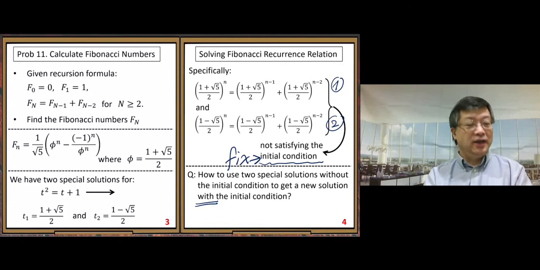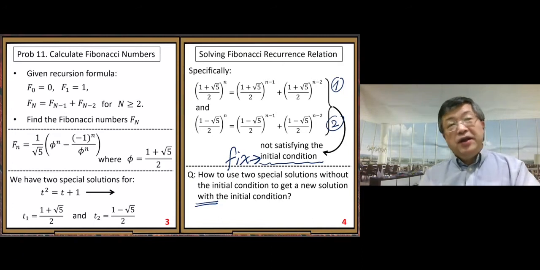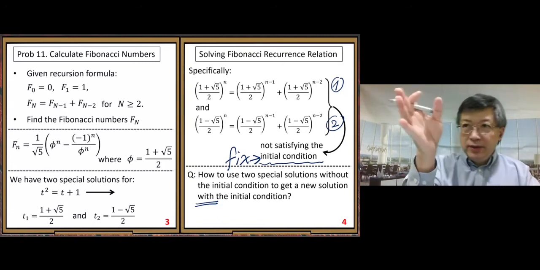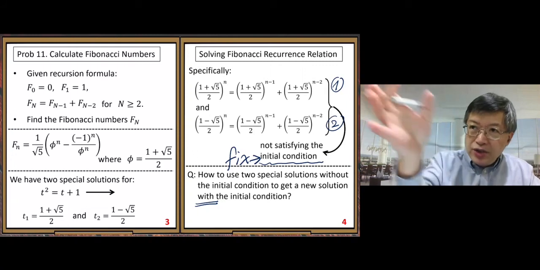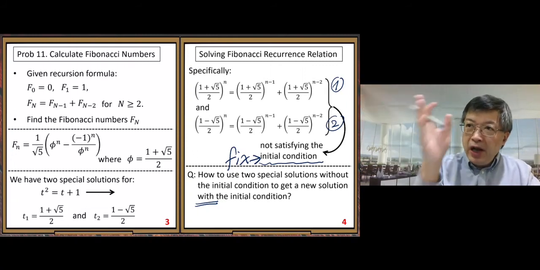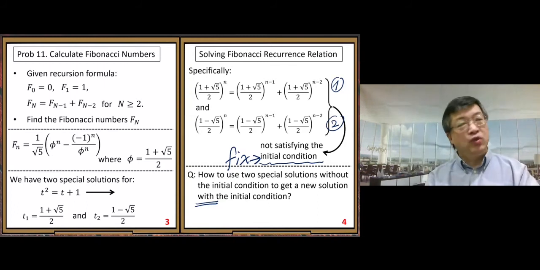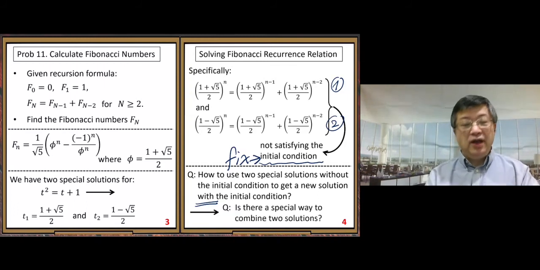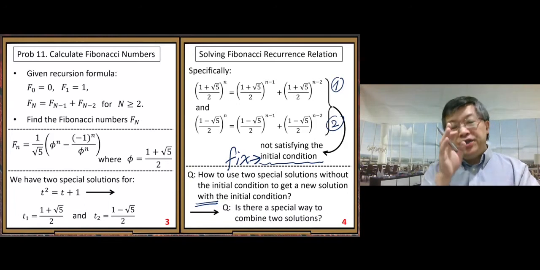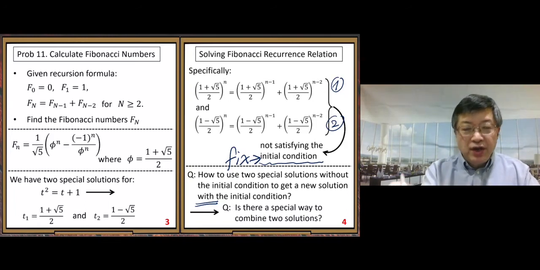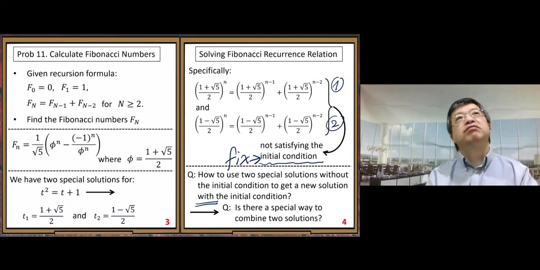Next step. We need to have a clear direction to go. Another question: is there a special way to combine these two solutions to get a new solution?